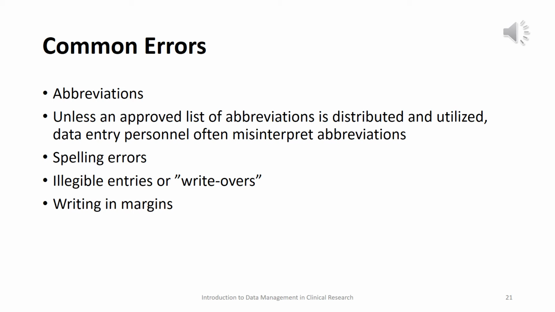So it's important that the site understand that when they've got a CRF page and they have a block where they're supposed to enter a value for what the patient got there, either in the lab or through the course of their examination, we make sure we don't have any write-overs, and we don't have that written in the margins. We want to keep it within those boxes where we're supposed to record the data.